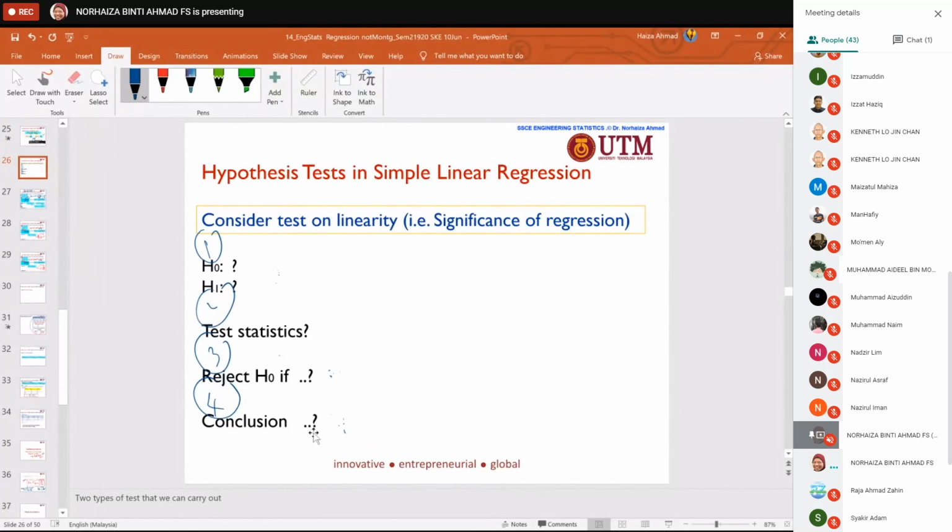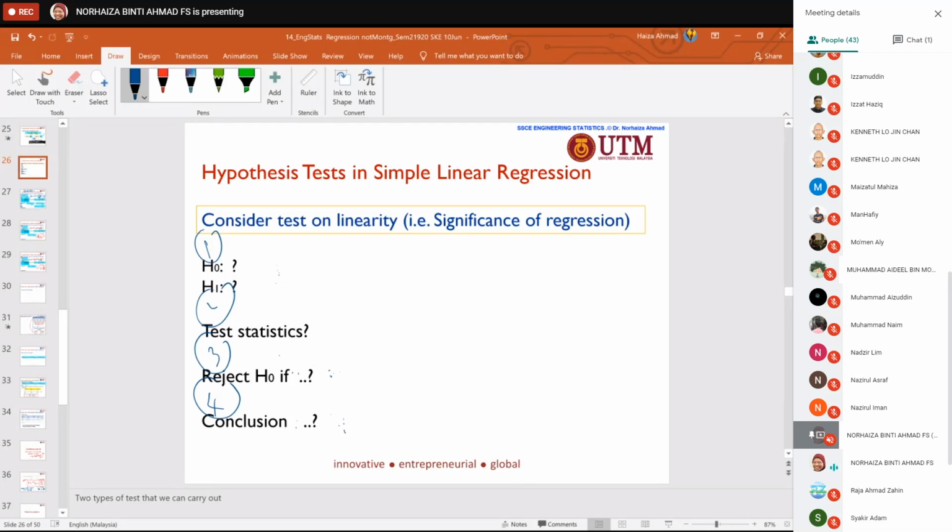May I remind you that in the upcoming test, when you are asked to carry out a hypothesis test, please follow this procedure. If you do not write your H naught and H1 and suddenly just reject H naught, I will not give you any marks here, although technically it is true.